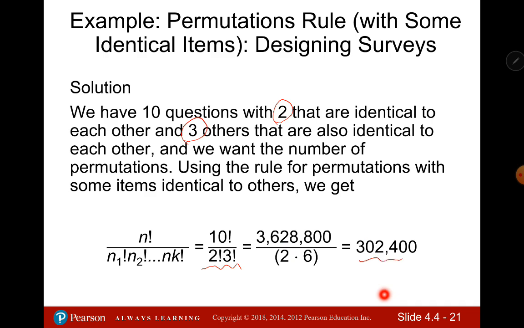Then we can get this answer. This number tells us how many possible arrangements there are for this 10 question survey. Let's see, is that critical?